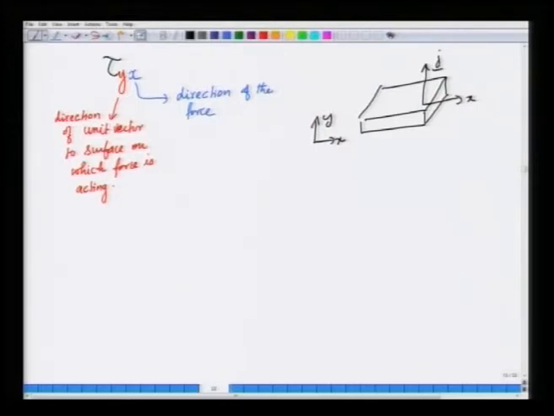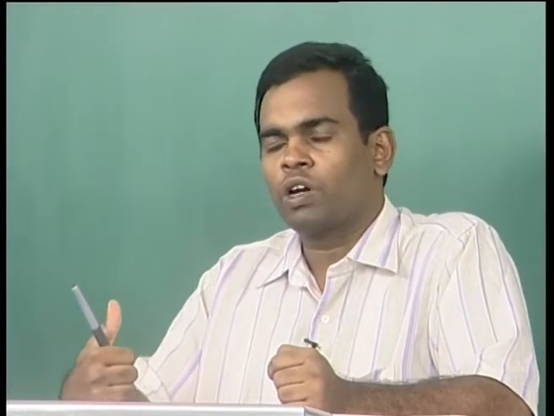So, this y denotes the direction of the unit vector perpendicular to the surface, which is called the unit normal, and the x denotes the direction of the force. This is called stress. Stress is force per area, but we have to specify the direction of the force on the surface as well as the orientation of the surface by specifying the unit normal.